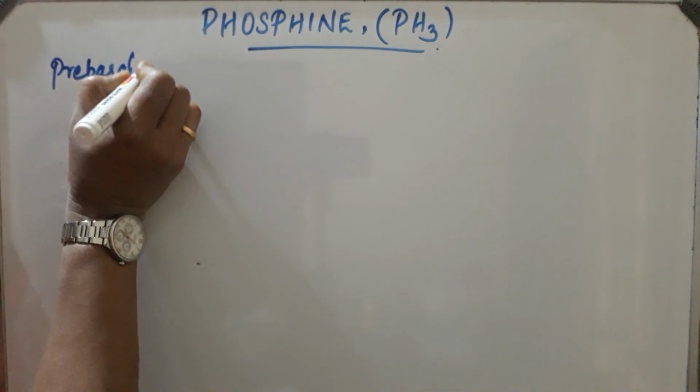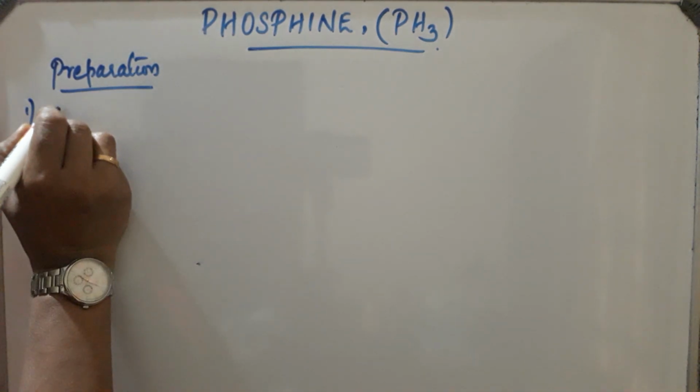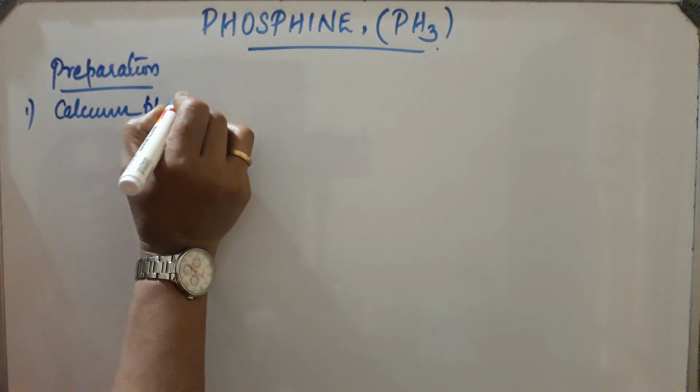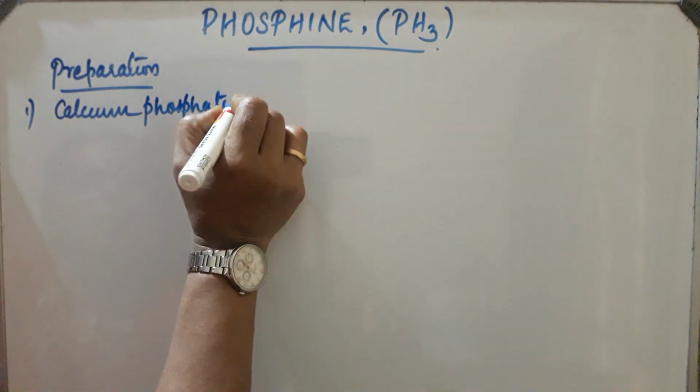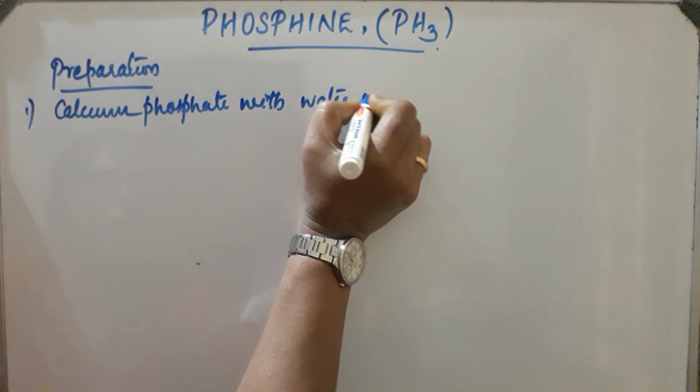How can we prepare it? First method, by reaction of calcium phosphide with water or dilute HCl.